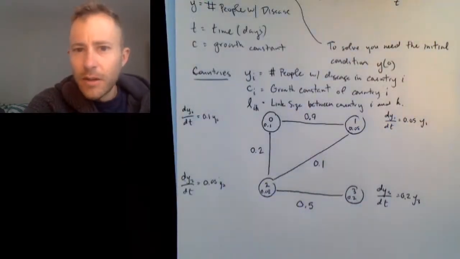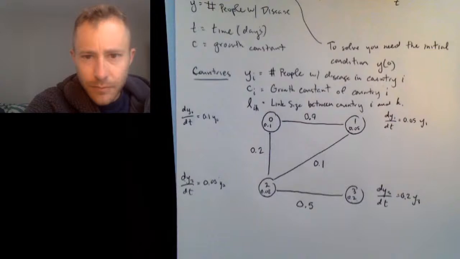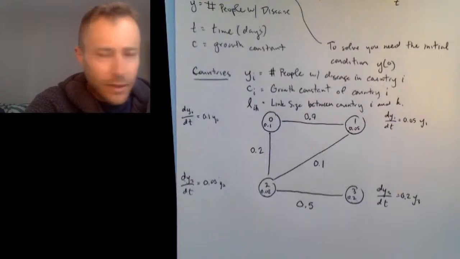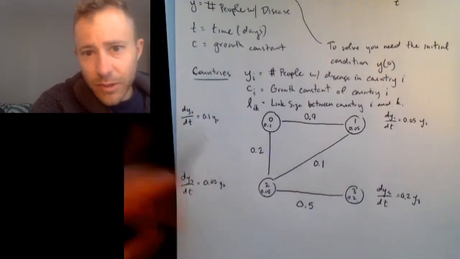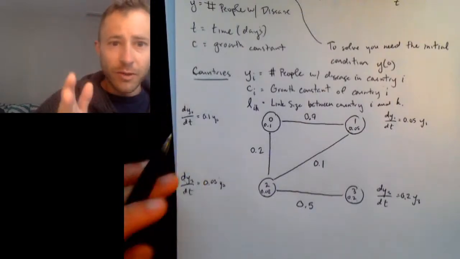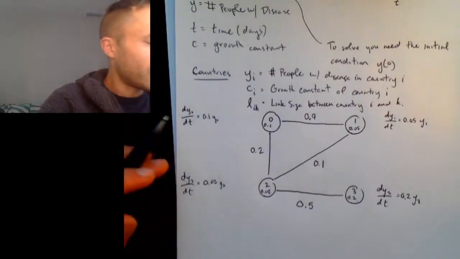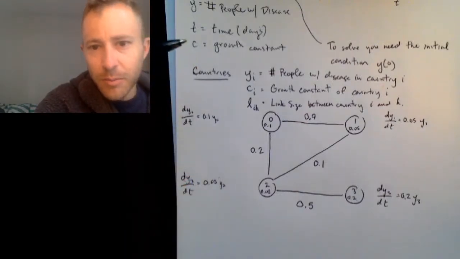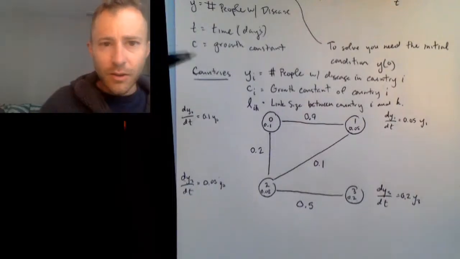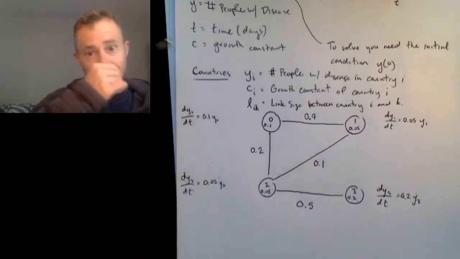All right. So anyways, the link is going to mean that even if a country doesn't have any COVID cases, right? If you start out with 0 COVID cases, you're never going to have any COVID cases. But because of the link, another country can bring COVID in, okay?